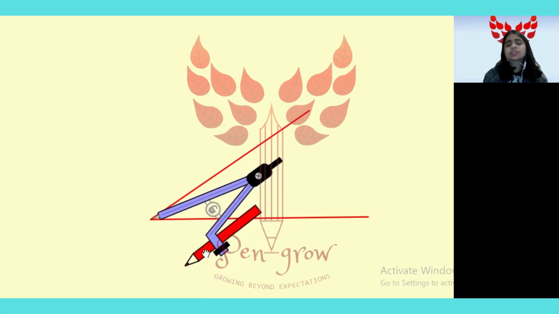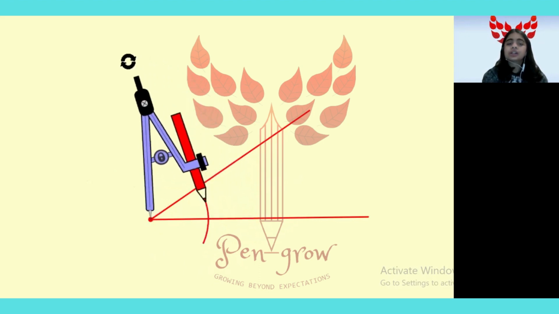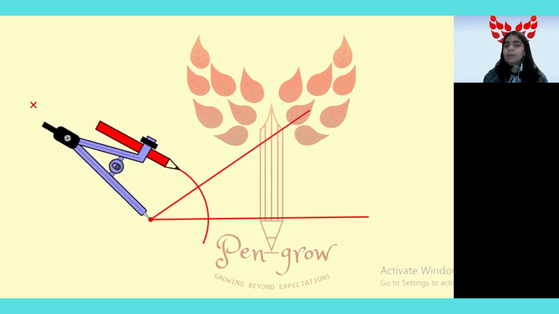You can keep it a little less, right? You keep it on the tip where both the lines meet, and you make your first arc, right? This is the first step you do. You keep it on the tip, you make your first arc.